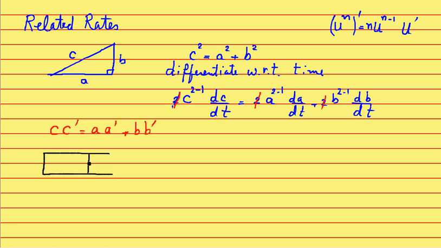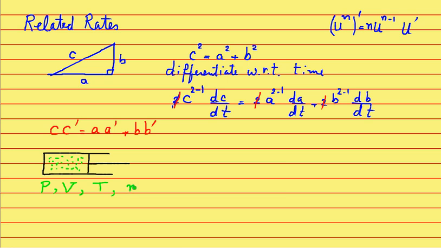Here's a piston, and there are some gas molecules here. Well, how would you describe this gas here? That gas has a pressure, it has a volume, it has a temperature, and it has some amount of mass or quantity.